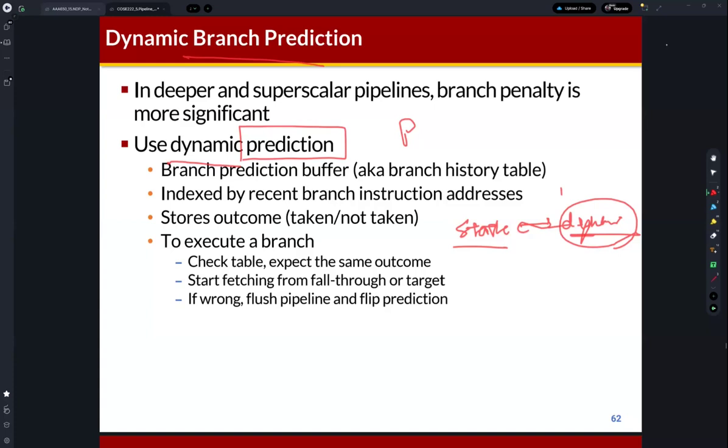But the CPU can monitor the behavior of instructions in runtime.